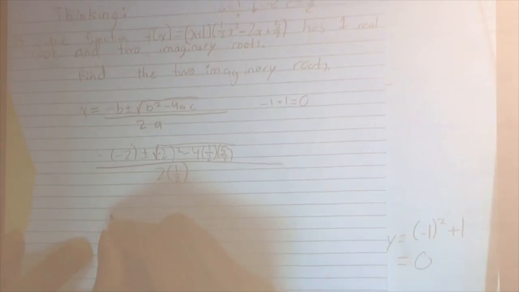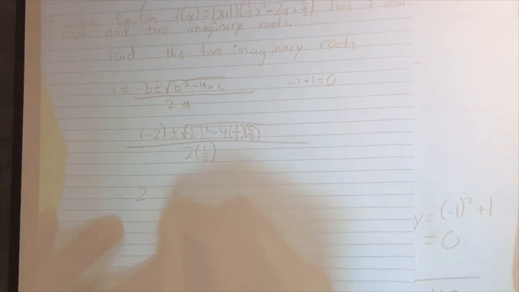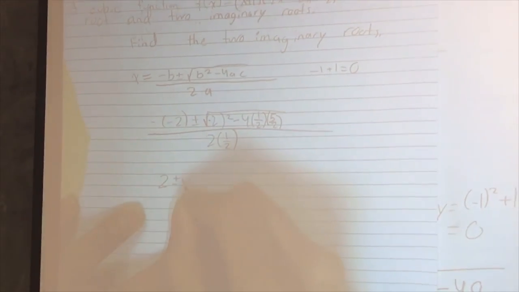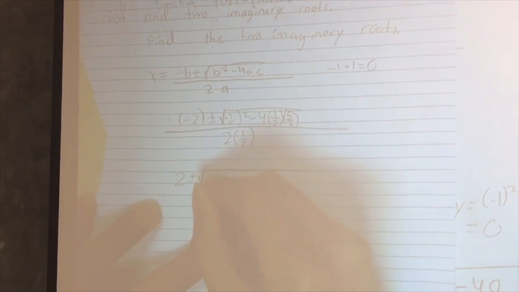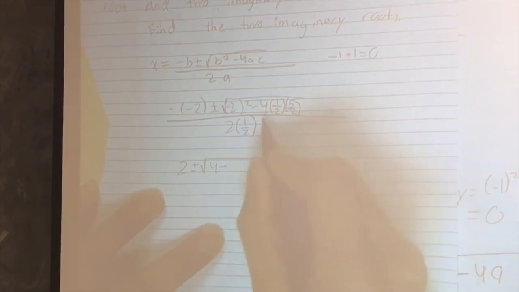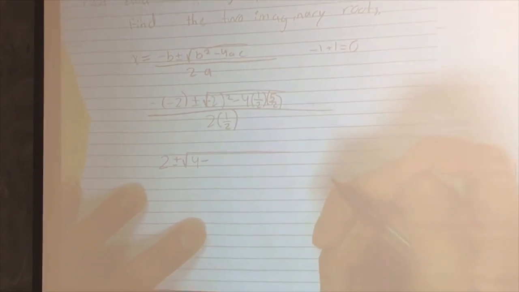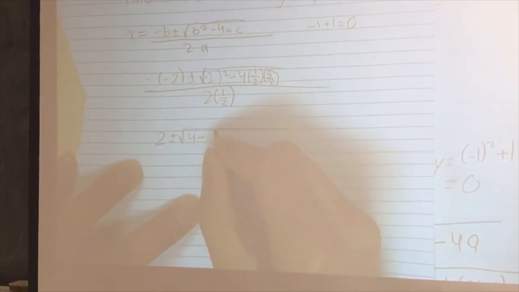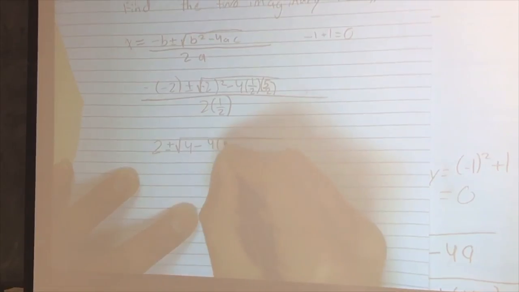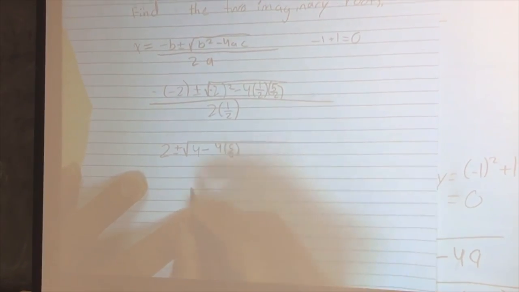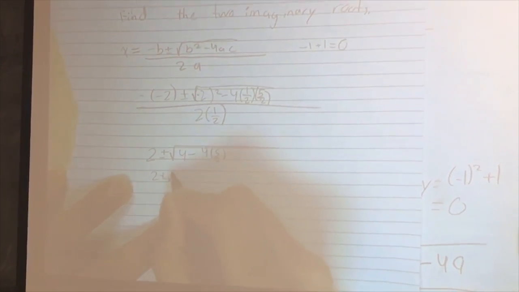We're left with 2 plus or minus the square root of 4 minus 4 times 1/2 times 5 over 2, which is 5, and we can simplify this further.